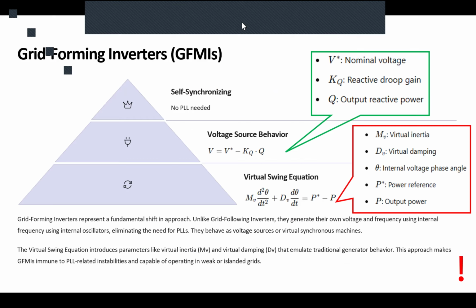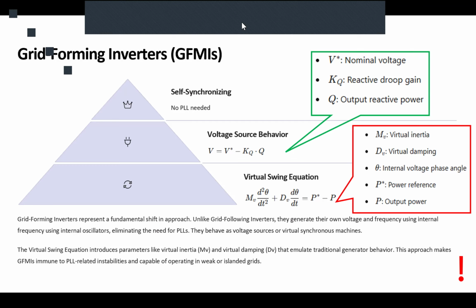Grid forming, we said, works with the loop control generally. And as you can see, it doesn't have the PLL. So would it mean that we don't have any swing if we don't have a PLL? Because in grid following, we said that the other control system that controls the load is not basically affecting the transient equation. But now that we don't have a PLL, would it mean that we don't have a transient in our grid forming inverters?